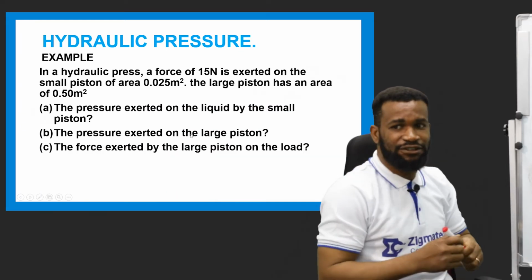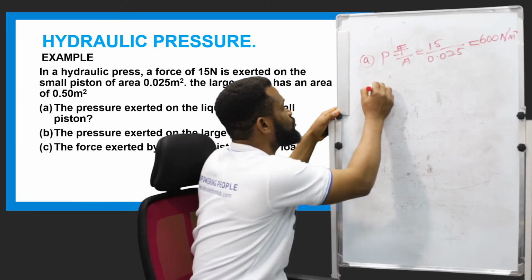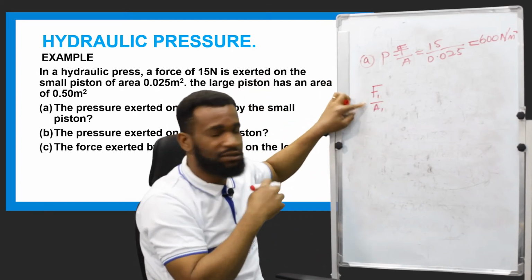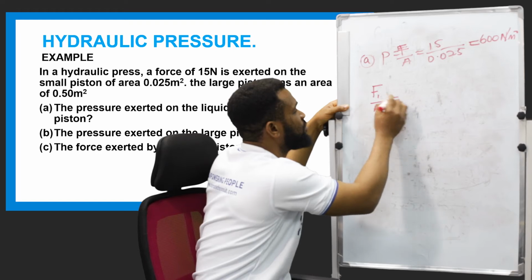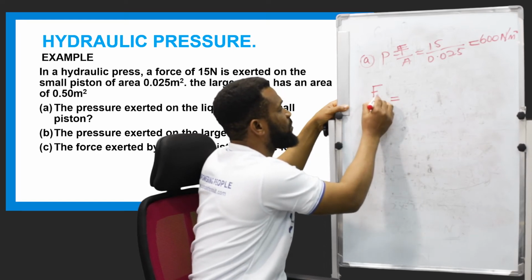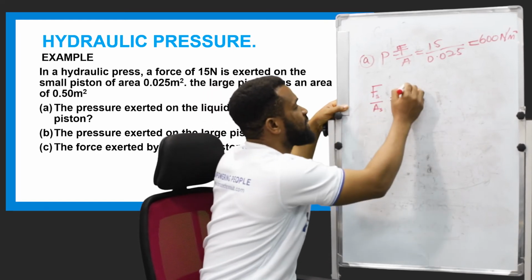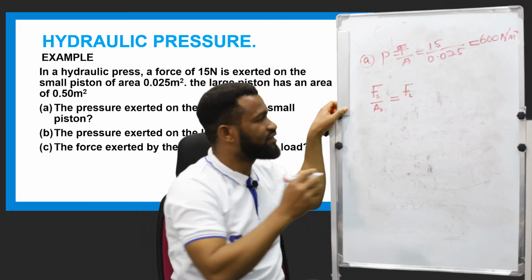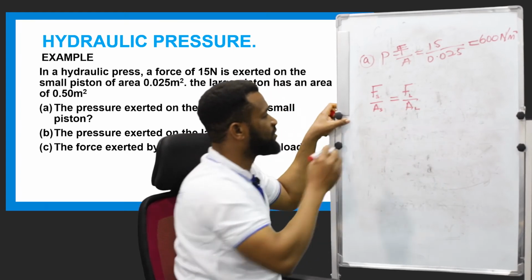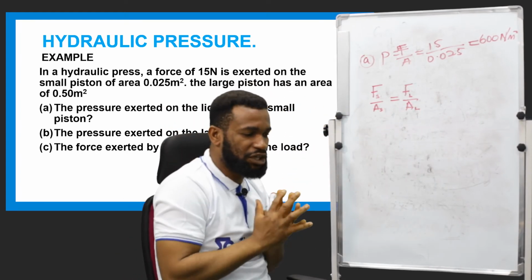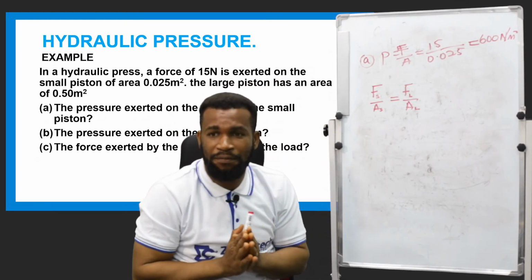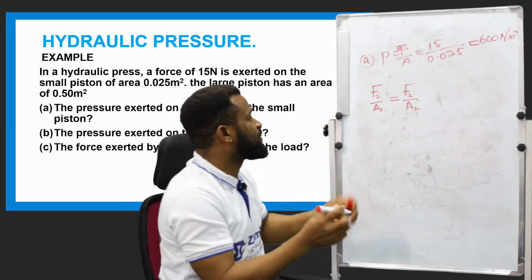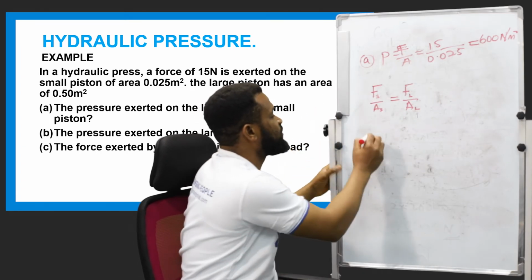That means that the pressure, which is F1 over A1, the force of the small piston over the area of the small piston, must be equal to the force on the larger piston over the area of the larger piston. So the pressure on the small piston equals the pressure on the large piston. With this, the force of the small piston is given as 15.